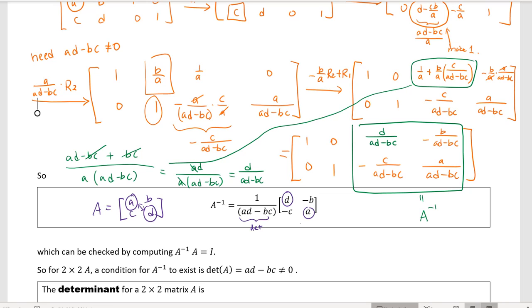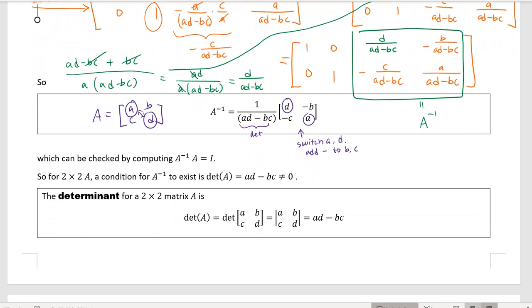So I think about it as: switch AD and then add a minus sign to BC. Then you can get this formula. Okay, so this is the formula for A inverse.